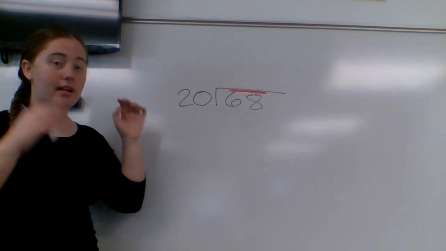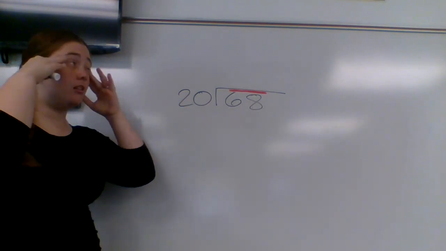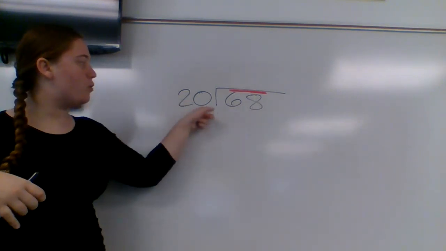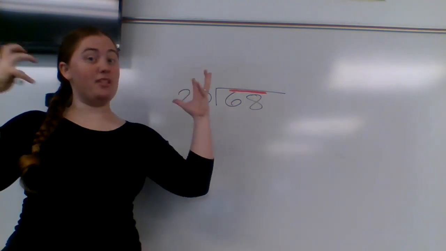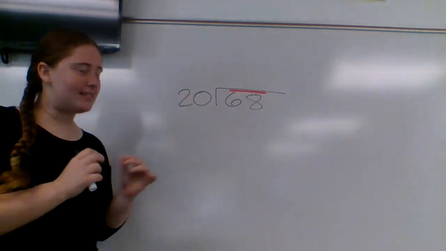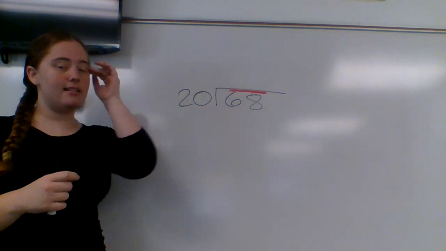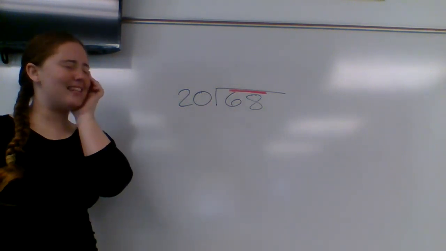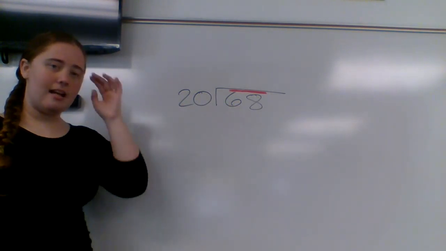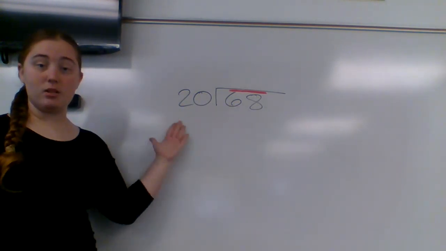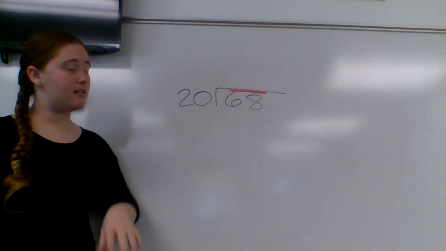In order to get a better idea of 20 into 68, those are big numbers. I might not be able to do big numbers in my head. So I'm going to break it down: 2 into 6. That will give me a better idea of how many times 20 will go into 68.